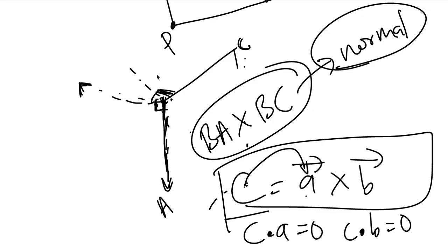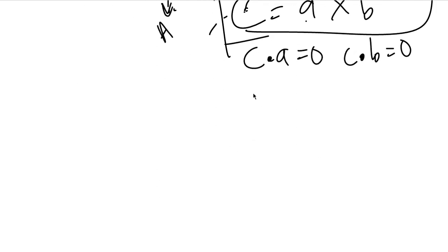So this is A, this is B, and this is C. If the normal shoots out of it, it's going to be perpendicular to both. We need to get the cross product of BA and BC to know the vector that will be perpendicular to both BA and BC. Are you getting that? That is what gives you the normal vector.